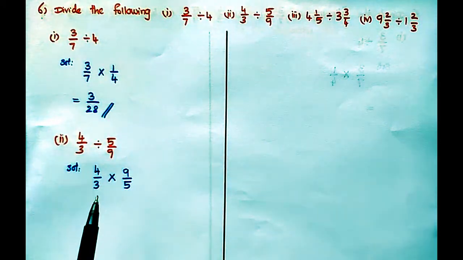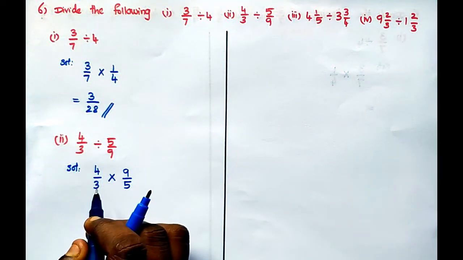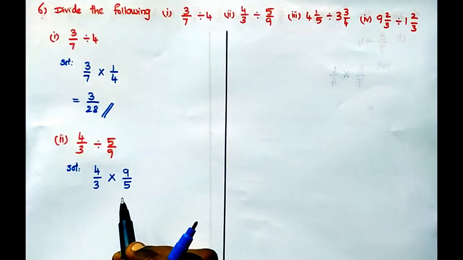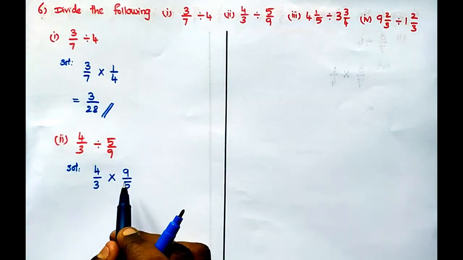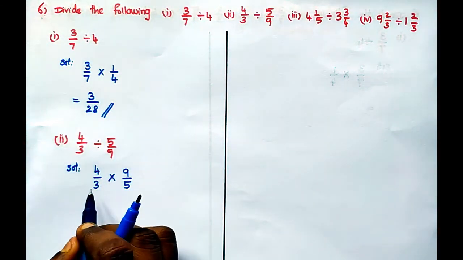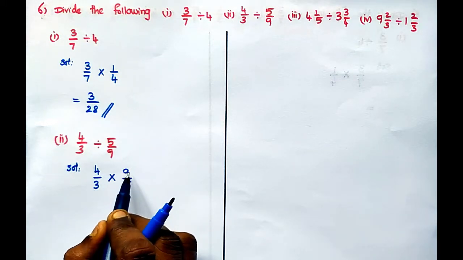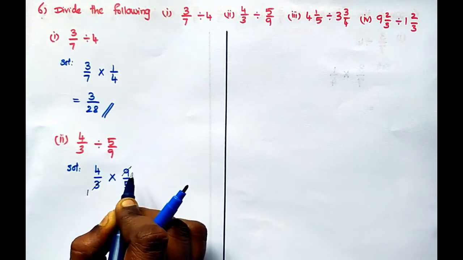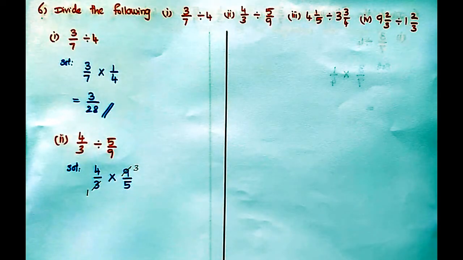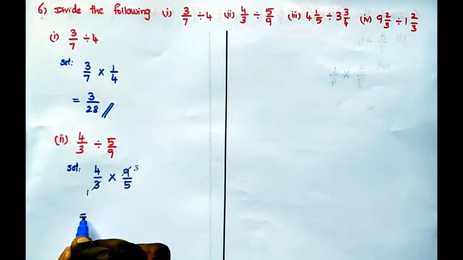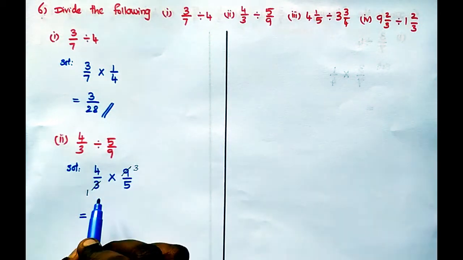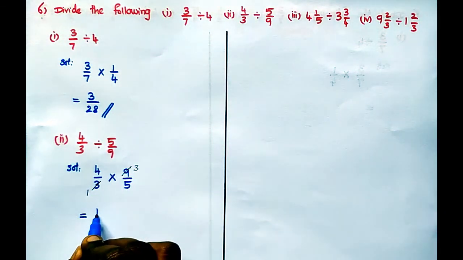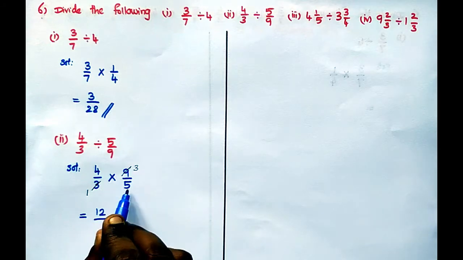Now here cancellation is there. 4 by 3, 4 and 3 not possible, 9 and 5 is not possible, but 3 and 9. 9 is numerator and 3 is denominator. So 1 3 is 3, 3 3s are 9. Now multiply the numerator with numerator. 4 3s are 12, divided by 1 5 is 5.